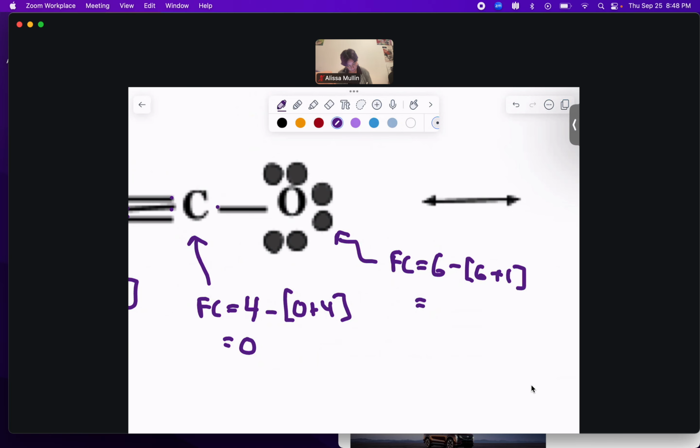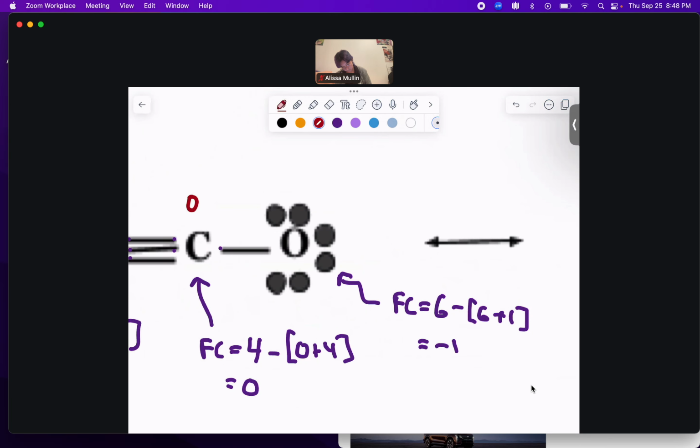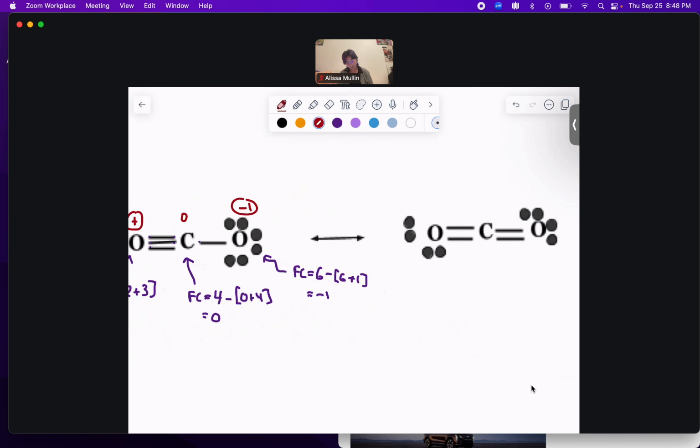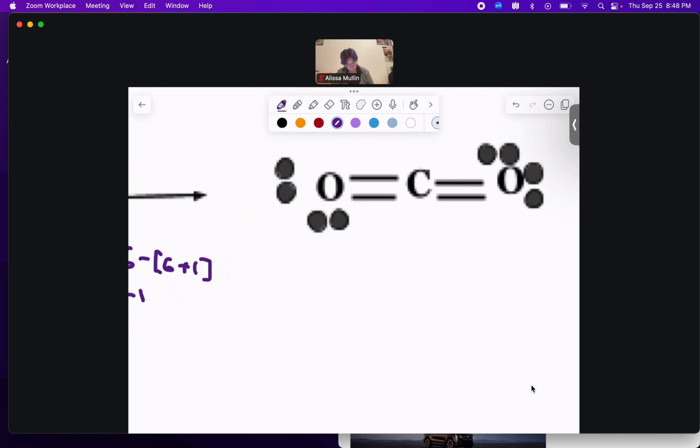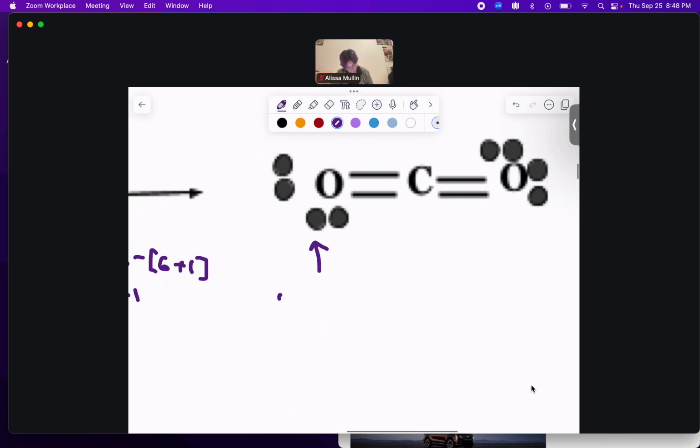This one has a formal charge of -1. I like to label them like that, just to keep track of what I'm talking about. Pause and practice. Can you use this formula? What do we plug in here? Comparing my initial valence electrons to what it has in the structure.